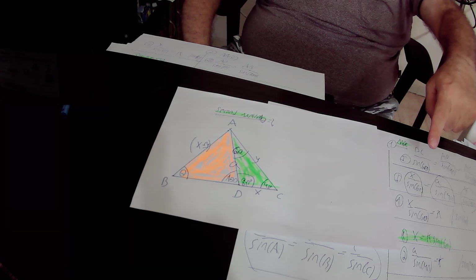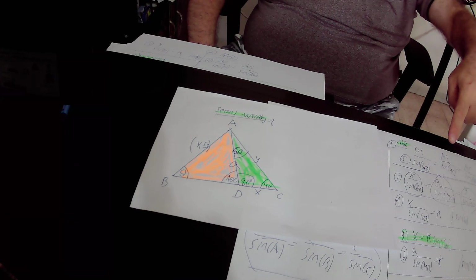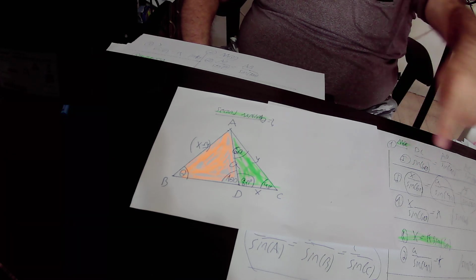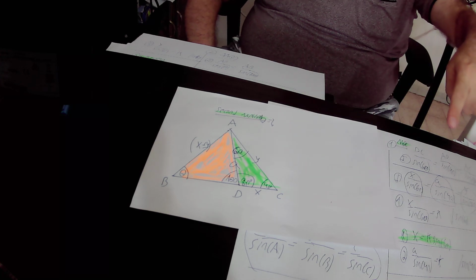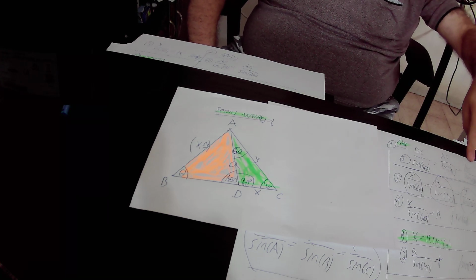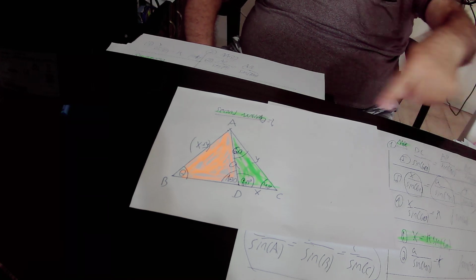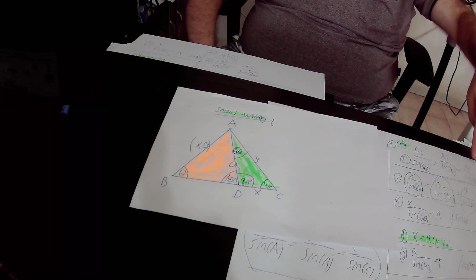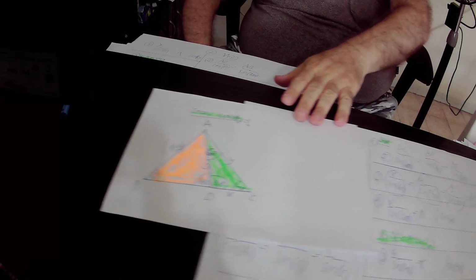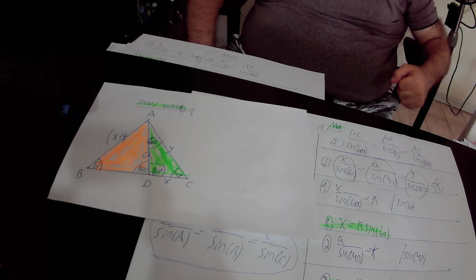DC equals X, so we substitute DC by X, AD equals A, so we substitute AD by A, and AC equals Y, so we substitute AC by Y. And we got this equation.